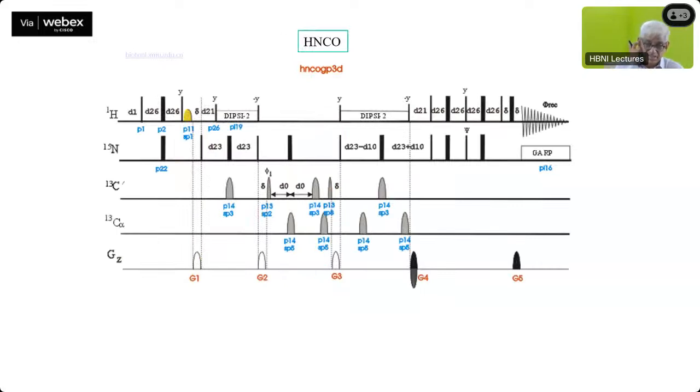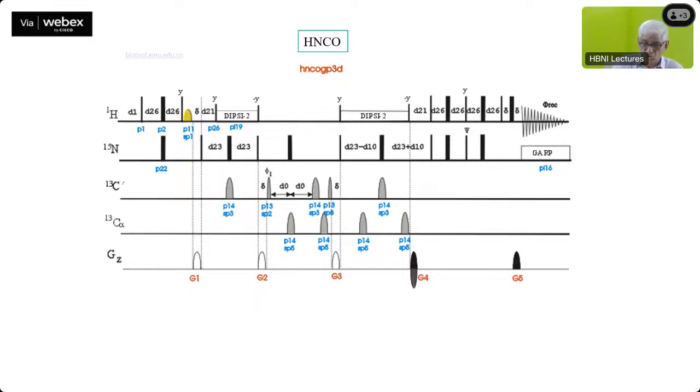Now this is another experiment which is called HNCO, and without going through the full details of this experiment, it labels the amide proton on one axis, nitrogen 15 on another axis, and the carbonyl on the third axis, and therefore this is called the HNCO 3D experiment.